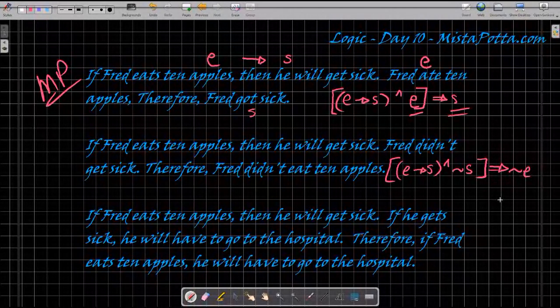Negation E. Notice that this is the negation of my consequent as my second premise, and my conclusion is the negation of the antecedent. So this is Modus Tollens argument.